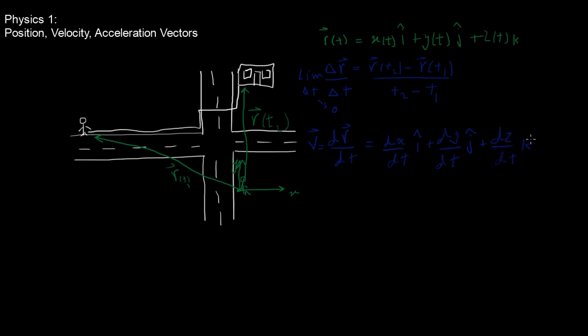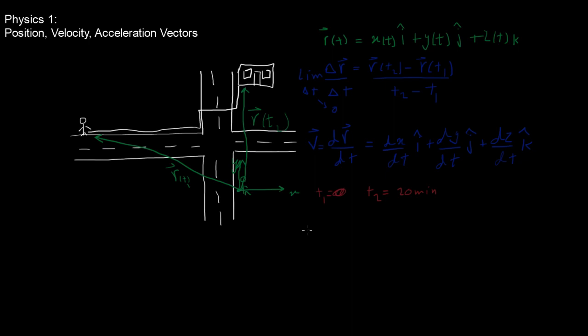dt k hat. Now let's say t1 is equal to 0, meaning that when he started moving, he started the stopwatch. So t1 is 0. Then we have t2 equal, that means when he arrived here is 20 minutes later.